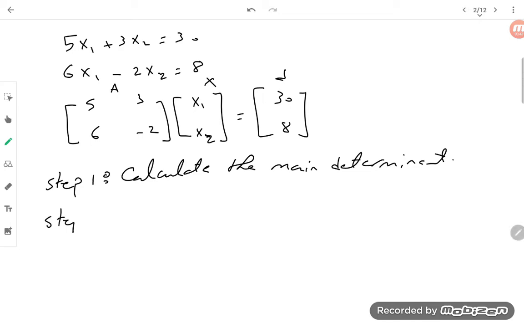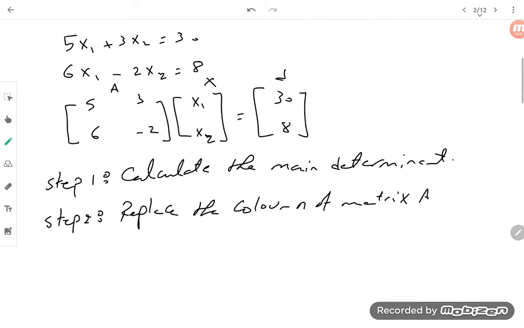Step 2, replace the first column of the matrix and then calculate the new determinant.